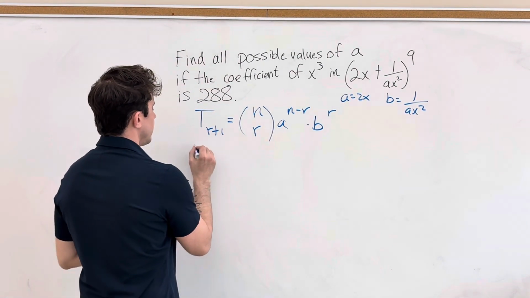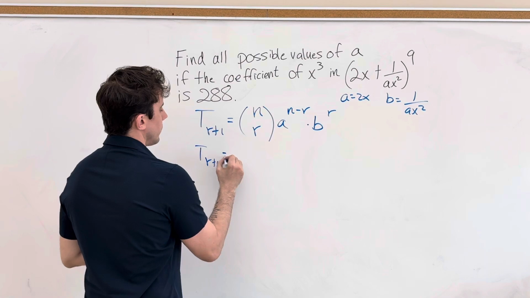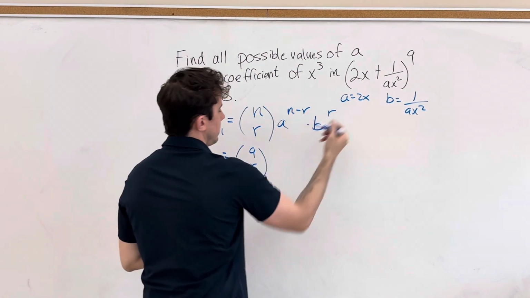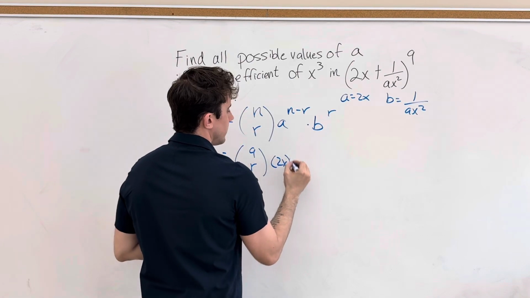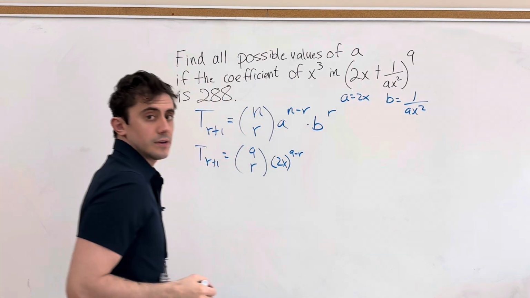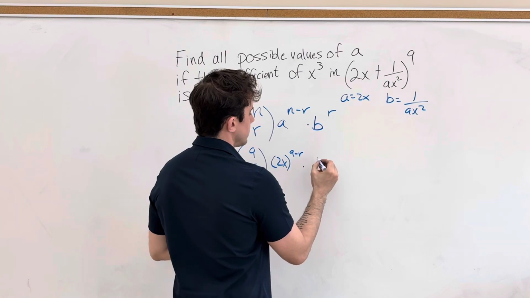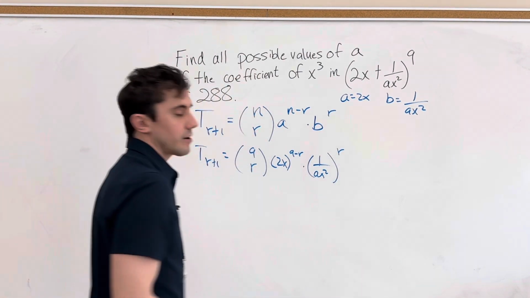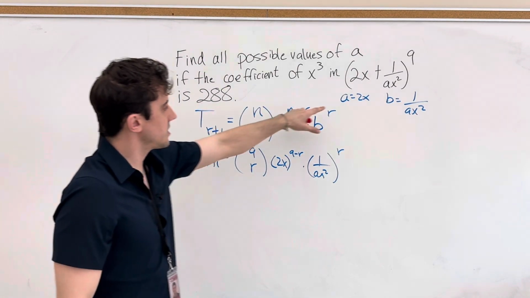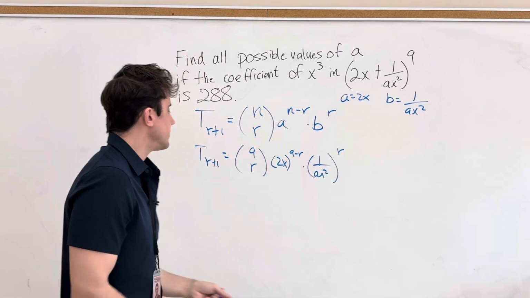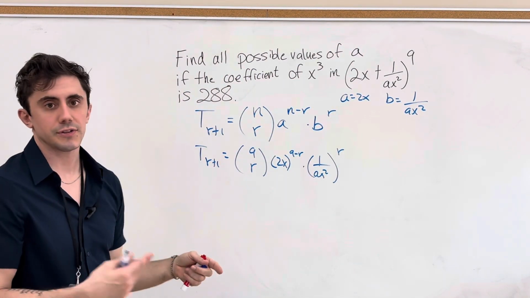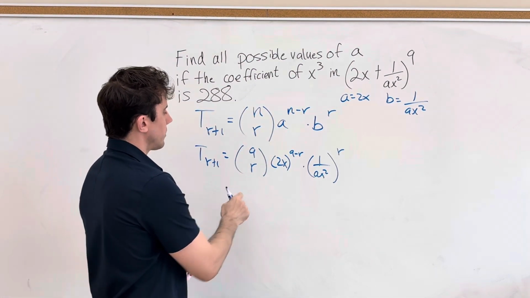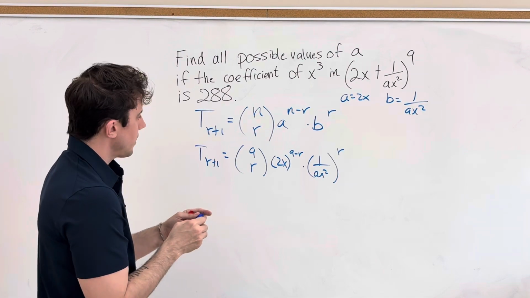So we'll say t r plus 1 will be 9 choose r times a, I'll remind you, is 2x to the 9 minus r, times 1 over ax squared to the power of r. With this specific binomial in mind, this is going to be our general r plus 1th term in that expansion, okay? Now, 9 choose r, we can leave for now.